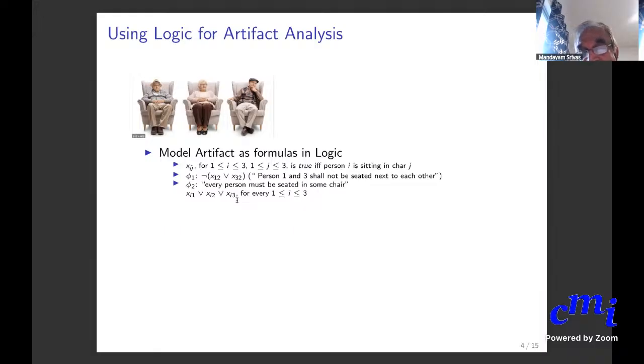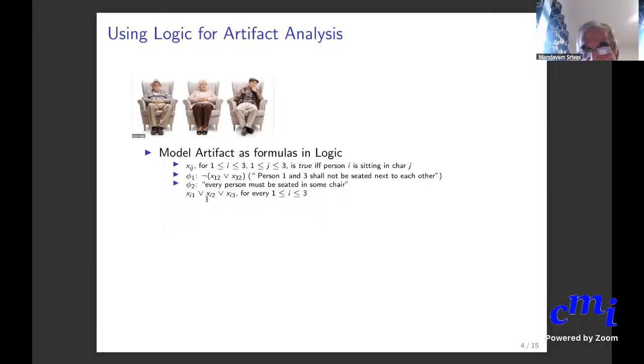Is this a good way to model? It does say that every person sits in some chair, but two people could sit in a single chair as well.